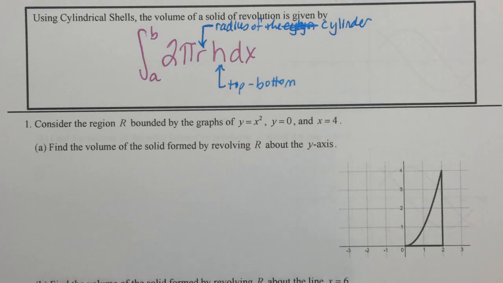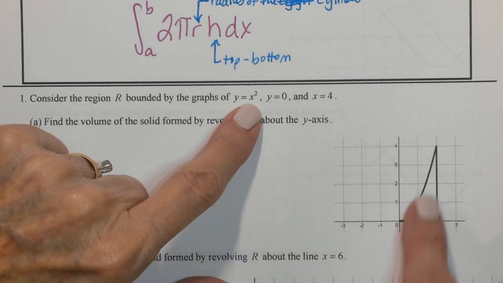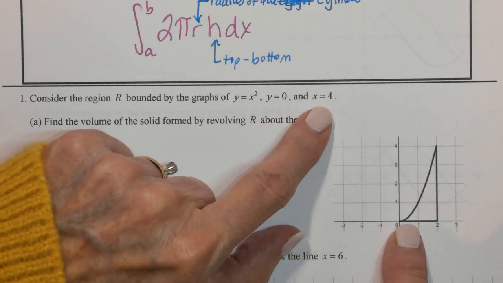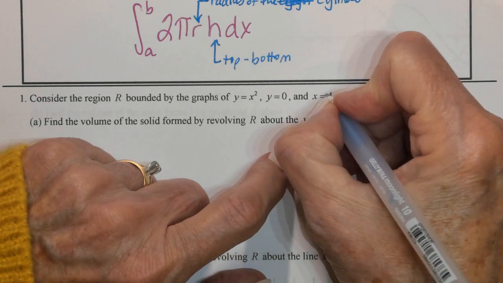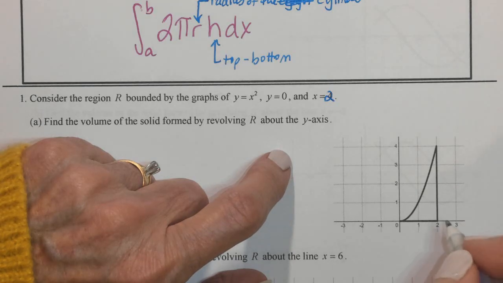Okay, it's easiest to tell you how to get r in some examples. Okay, let's consider the region R bounded by the graphs of y equals x squared, y equals 0, that's the x-axis, and x equals 4. Well, apparently we're going to change that to x equals 2 because I have a 2 down here, and we will match that.